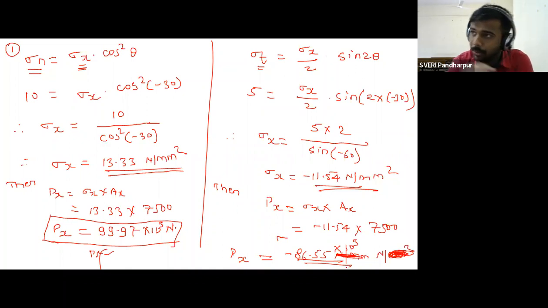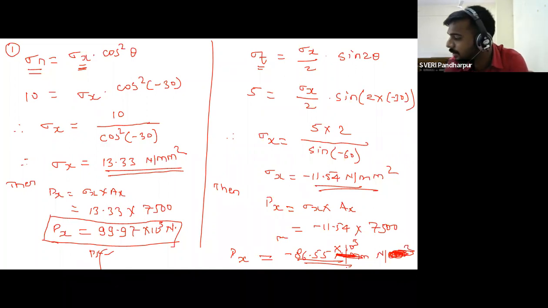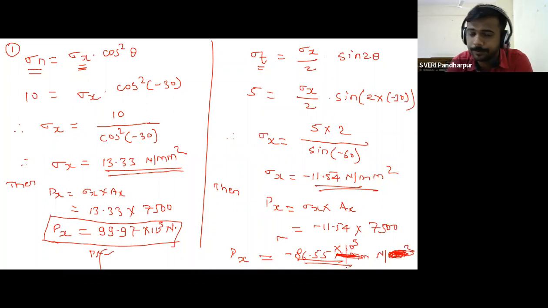So here write down one sentence at the bottom side, that is safe load is equal to minimum value of load, is equal to 86.55 into 10 raised to 3 Newton, is equal to 86.55 kilonewton. So this will be your safe value.